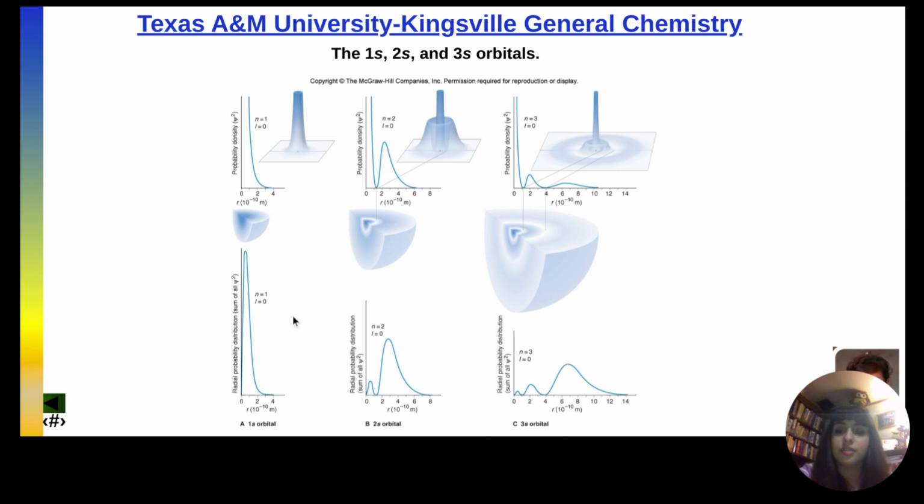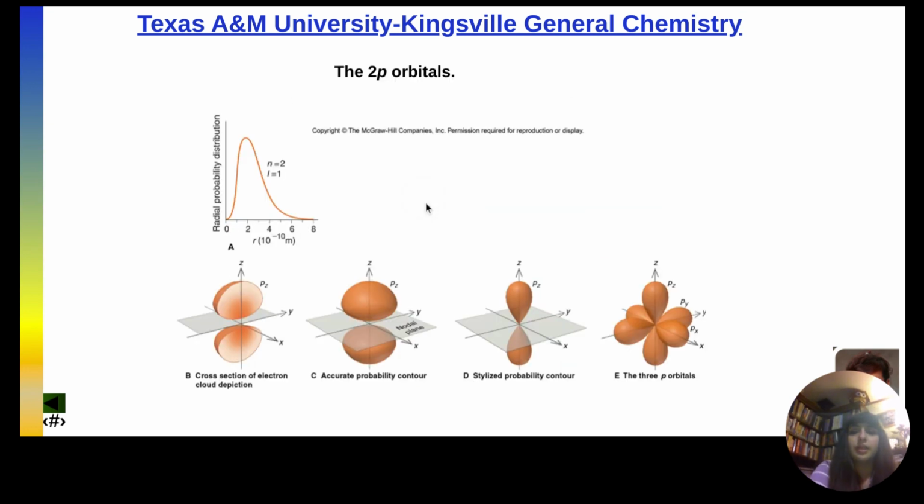And these are the same type of graph. Since both of these have 1, this is our 1s orbital. These both have 2, so this is our 2s orbital. These have 3, so this is our 3s orbital. These are our 1s, 2s, and 3s orbitals, shown here.